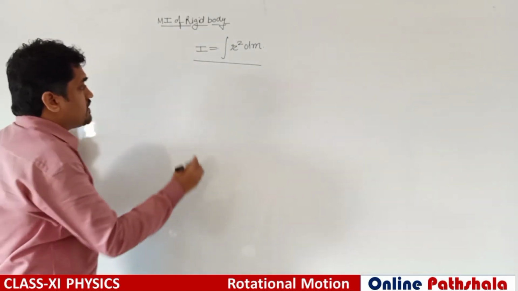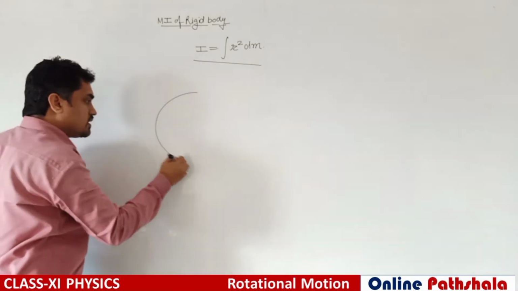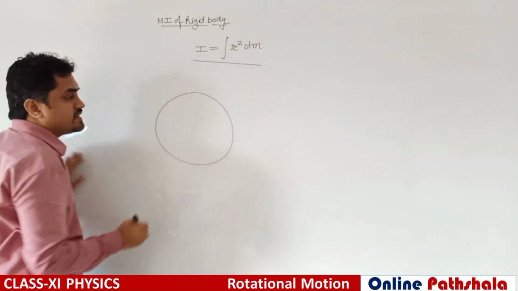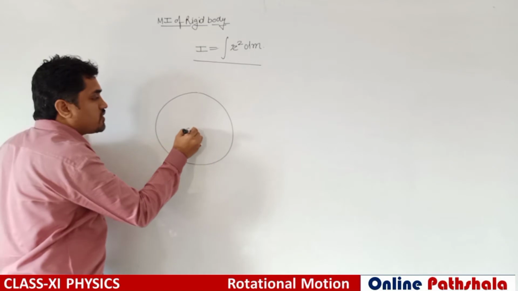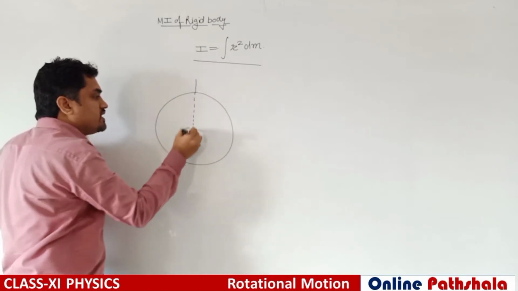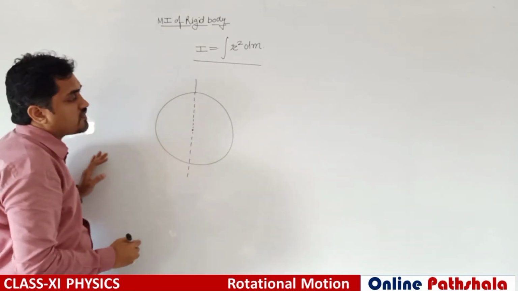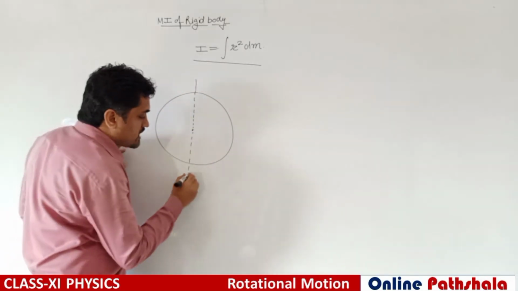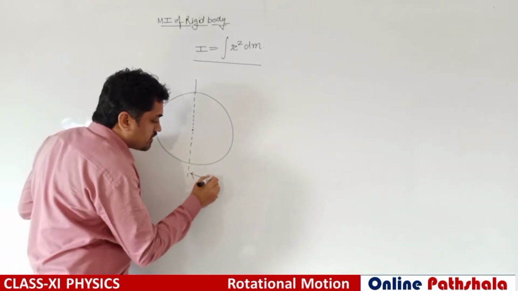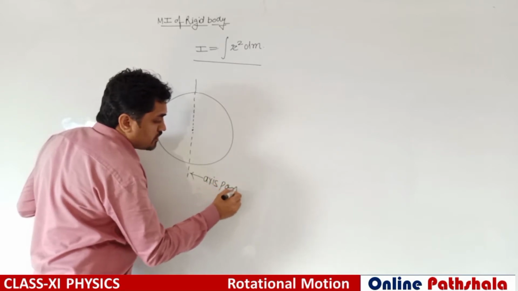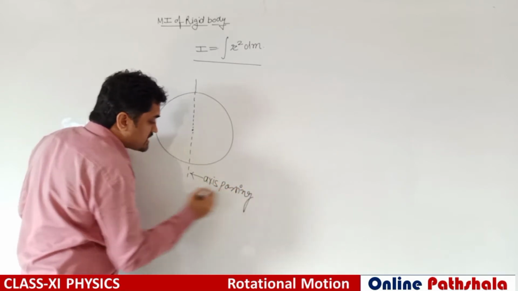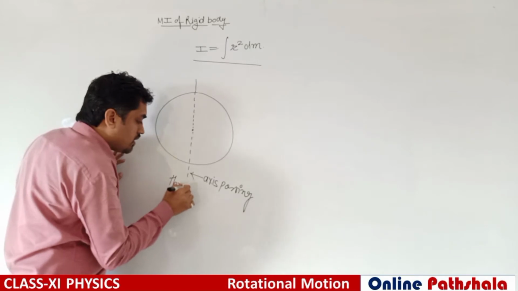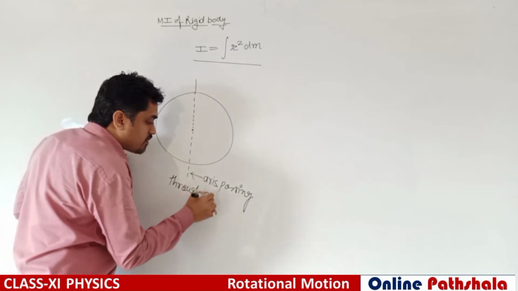Now, if we have a solid sphere and we have to find the moment of inertia about an axis which is passing through the center of mass, this is the axis passing through the center of mass.